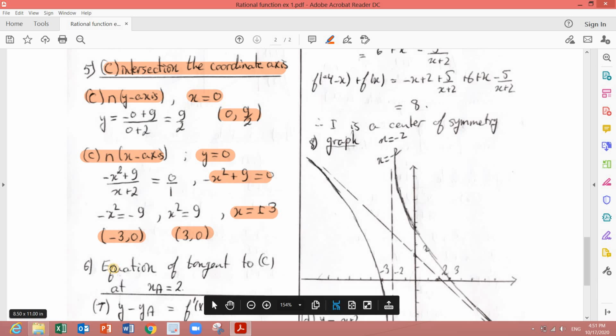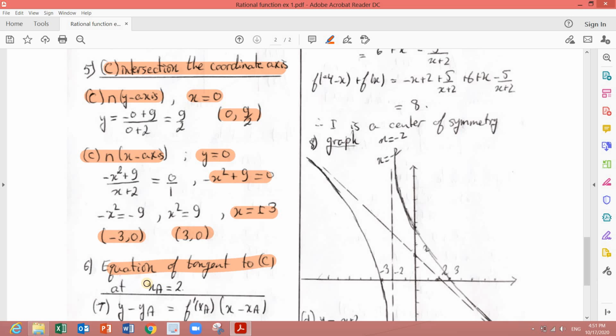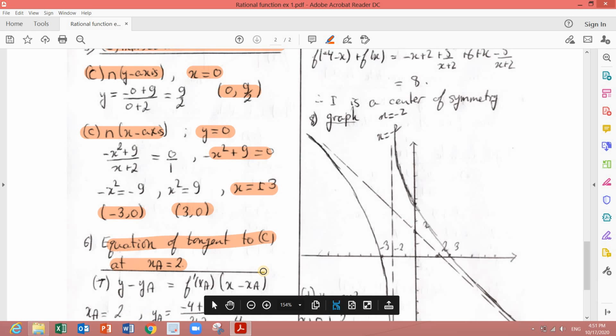Now the equation of the tangent to the curve at the point of abscissa 2. So we are going to determine the equation of the tangent, part 6. Equation of the tangent to C at x_A equal to 2.